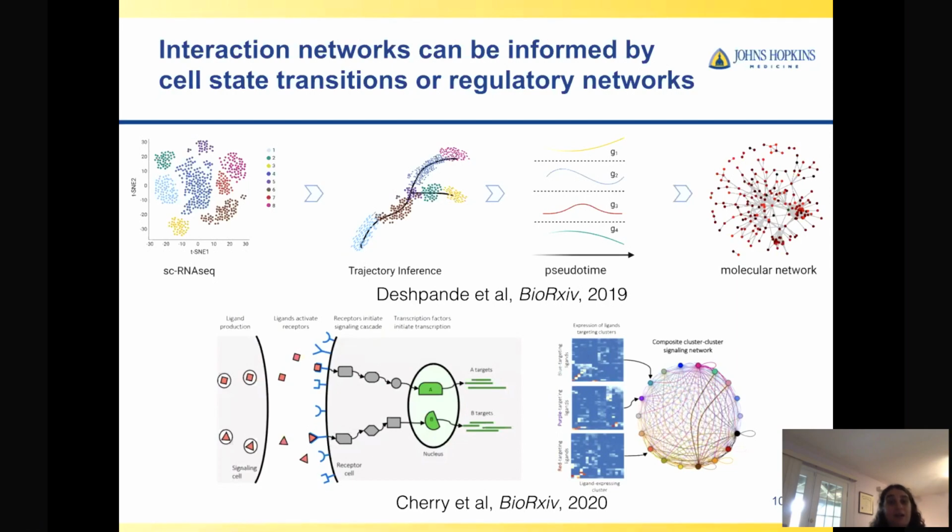The other major concept that's emerging is if we have prior knowledge about how gene regulation works, for example, through ligands and receptors triggering a cascade to transcription factors, can we then link that molecular knowledge with the data to figure out how the molecular networks are being turned on between cell types?